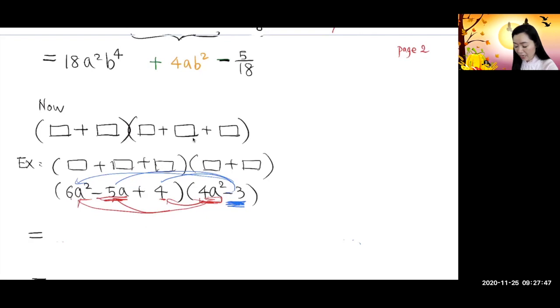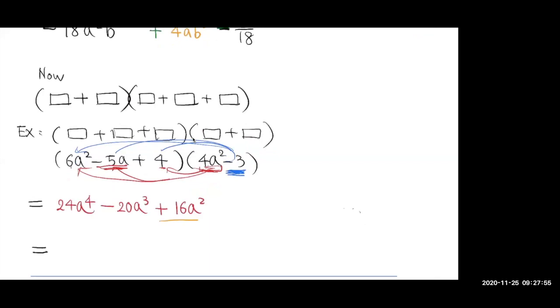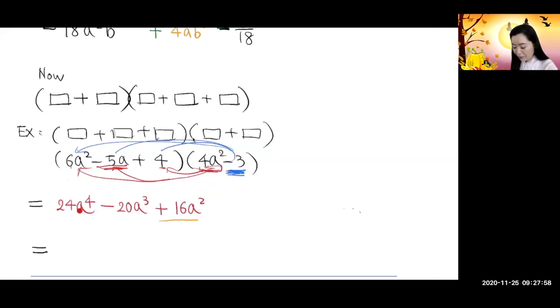So 4a squared times 6a squared gives me 24a to the 4th power. Yes, you got it. And then this times that, negative 20a to the 3rd power. This times that, 16a to the 2nd power. So we're done distributing this. Now we take the negative 3 in this binomial and multiply it with each term inside this parenthesis.